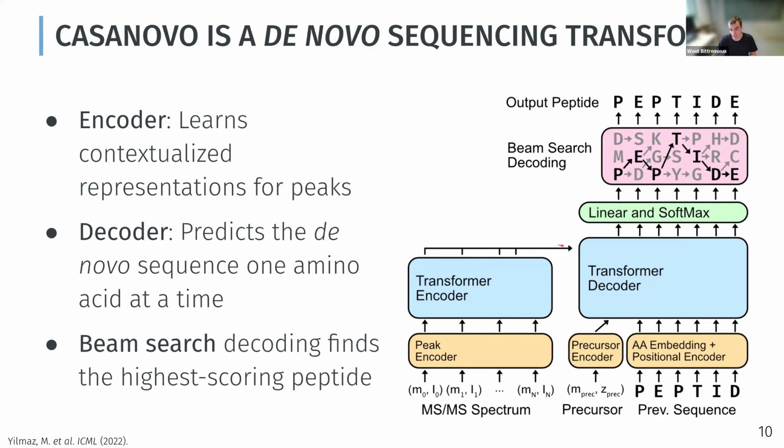This is then provided as input to the decoder, as well as this precursor information that is used as a bit of the start token. This tells the decoder to start decoding, and then it will autoregressively predict the output peptide sequence until it also predicts a stop token, which indicates that the full peptide sequence has been produced. So it's basically exactly the same as in a typical transformer decoder.